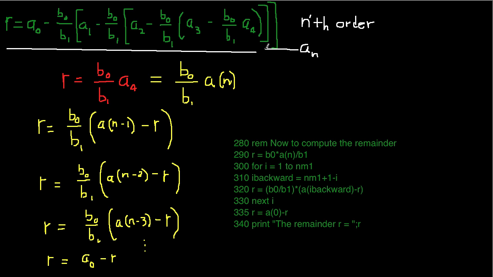So where A4 appears right here, in my computer program, I'm going to put an. Remember that n is the order of the original polynomial, because A4, A3, A2, A1, the A's are the coefficients of my original polynomial, P sub n of x.